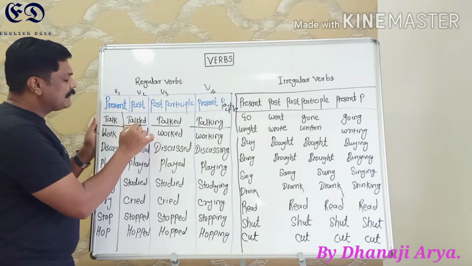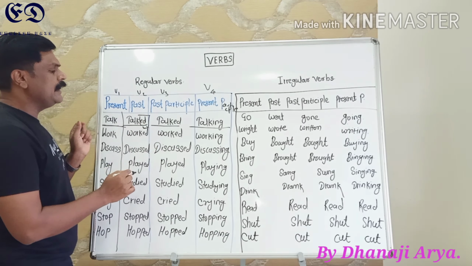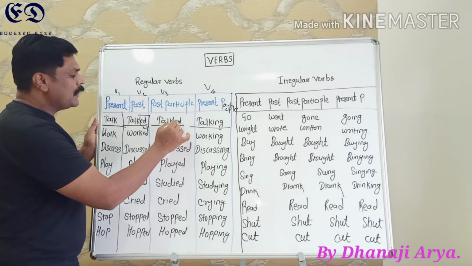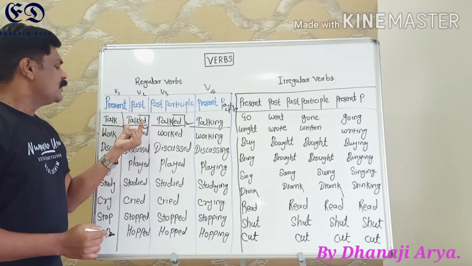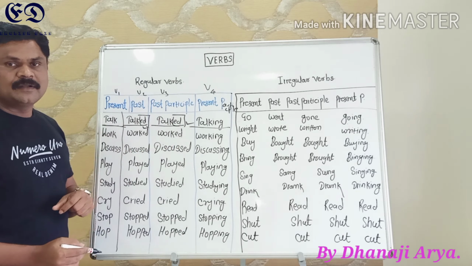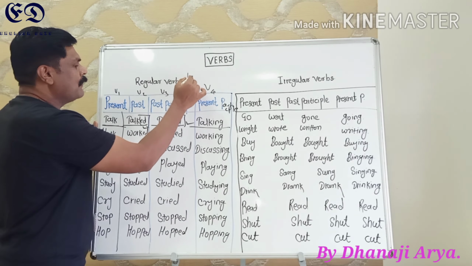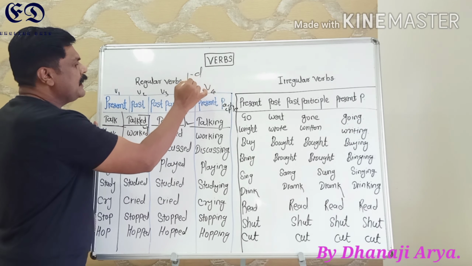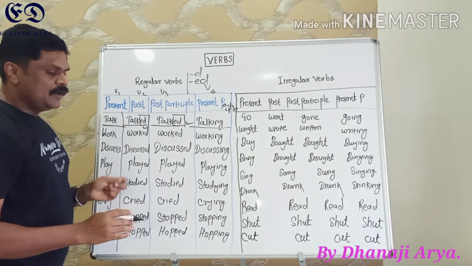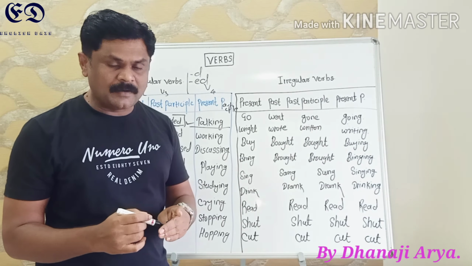When we make the second form, we have added ed. In the third form also we have added ed, and we have made talked and talked. So very simple: regular verbs are changed by adding d or ed to make the second form and third form of the verb.